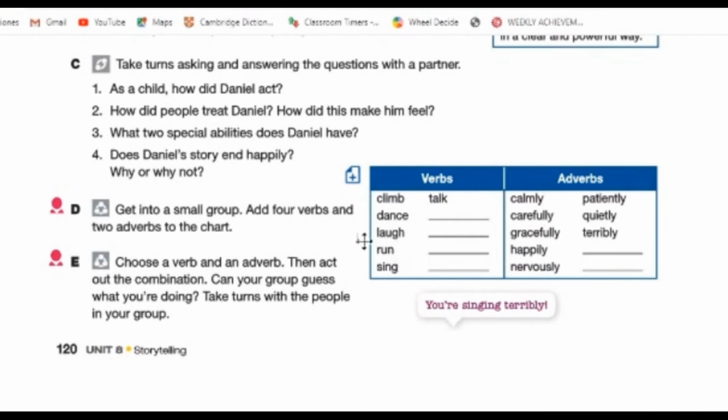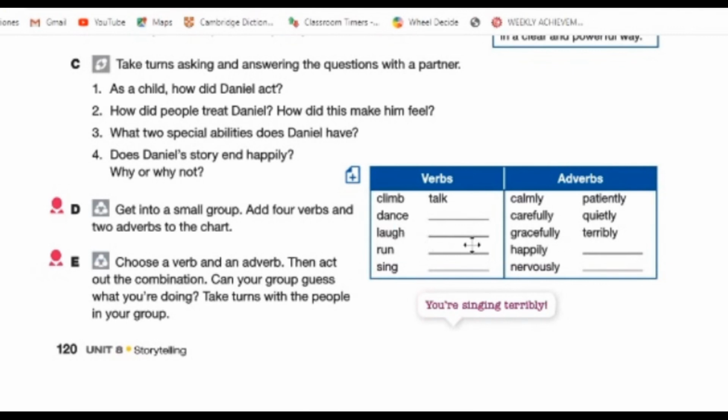Climb, dance, laugh, run, sing, talk. Other action verbs? Speak. Another? Walk. Yeah, walk.